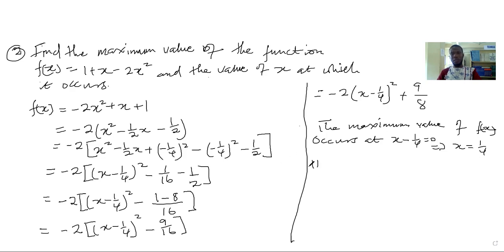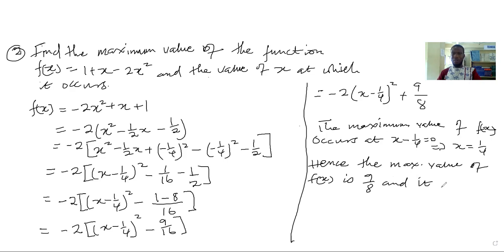So we conclude, hence, the maximum value of f of x is 9 over 8. These are k. 9 over 8.